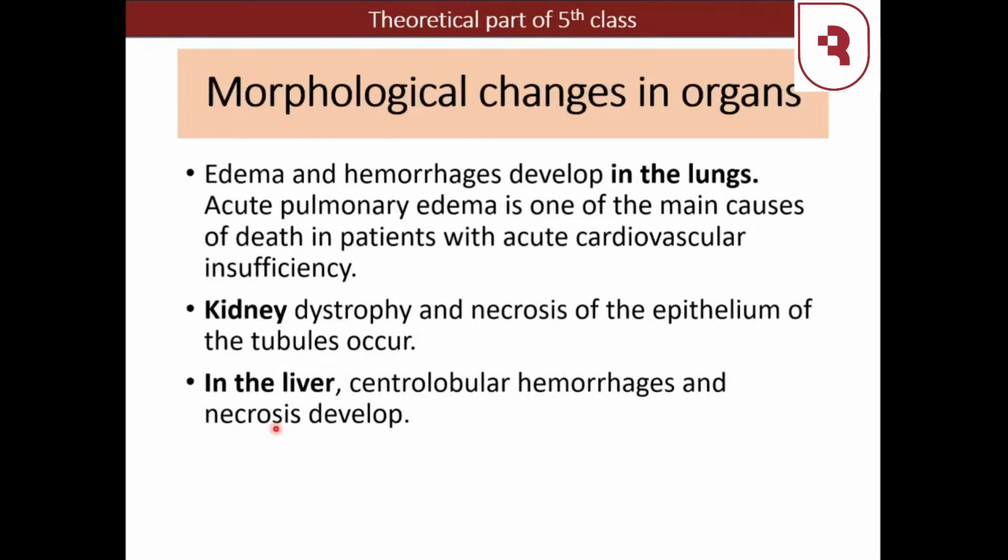Among the organs, the most important for us are the lungs, kidney, and liver. In the lungs, we will see edema and hemorrhages. We will see formation of acute pulmonary edema, and it may be one of the most important etiological factors of the death of this patient.